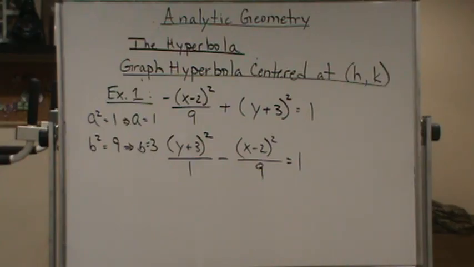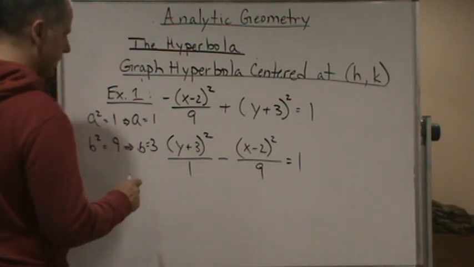Now, again, be careful of the plus sign. So instead of looking at that and saying plus 3, it might be better to look at that and say that that's a minus a negative 3. Okay, so yes, they want us to graph it.